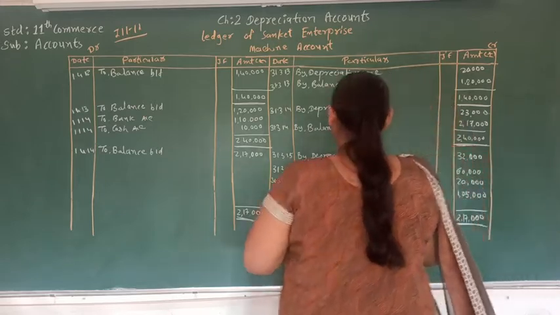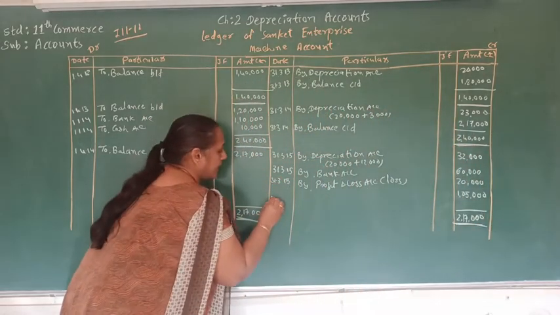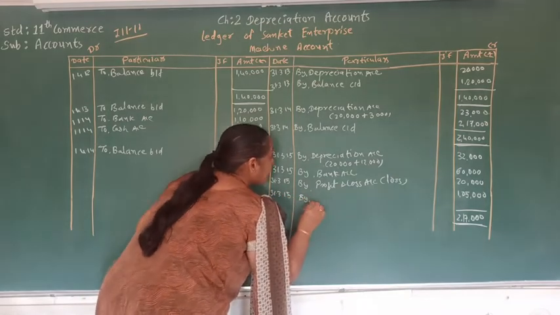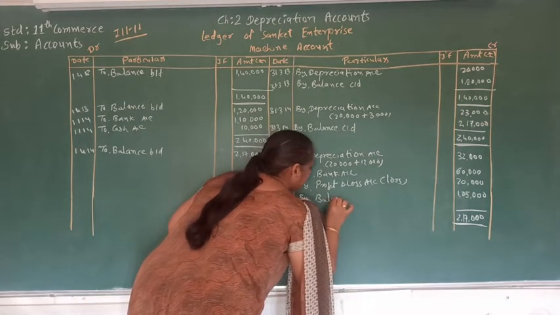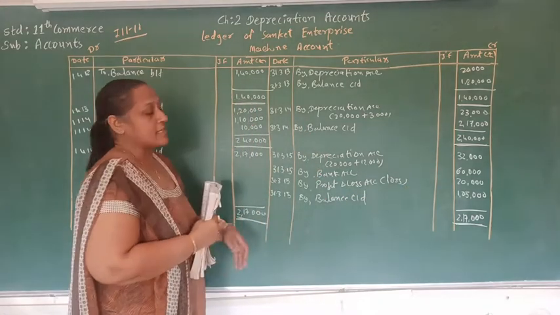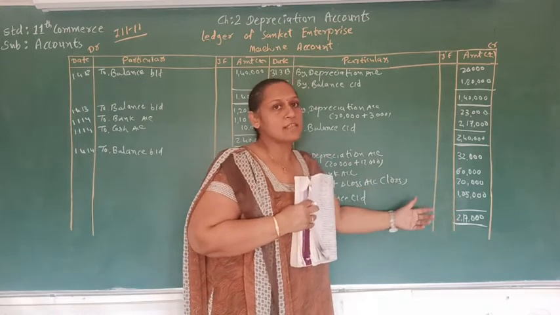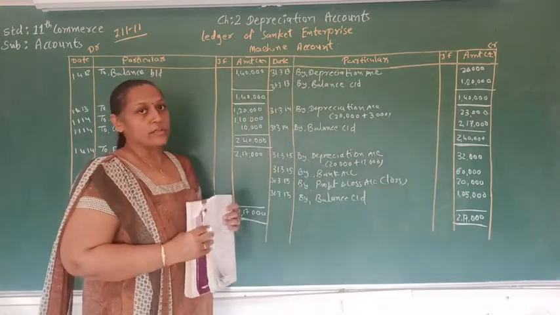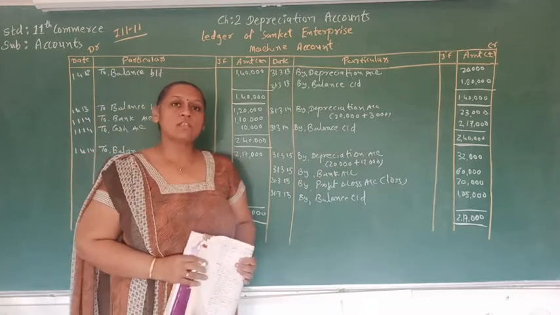So this is the balance of the machine account at 31/3/15 by balance carried down. This balance is for the second machine, as the first machine is sold. So students, you may note down this in your notebook.